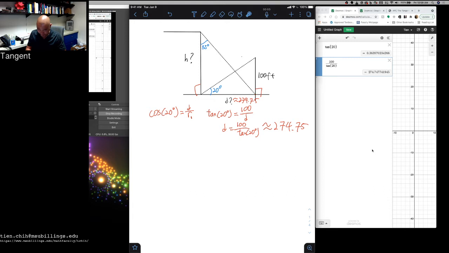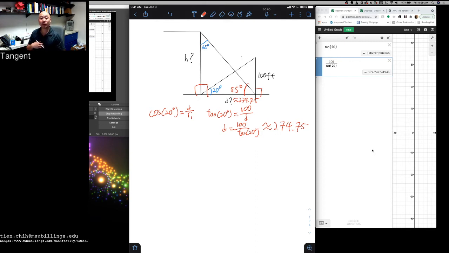The one angle I know for sure is this 35 degrees here. I can also infer some other angles, because this is a right angle as well. And since the angles have to add up to 180, this other angle has to be 55 degrees.